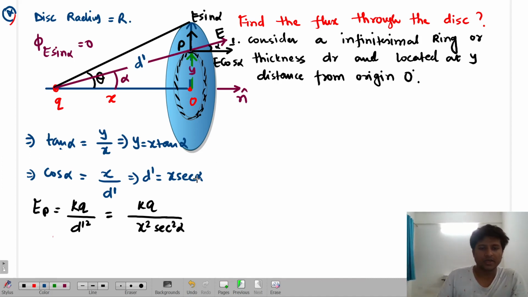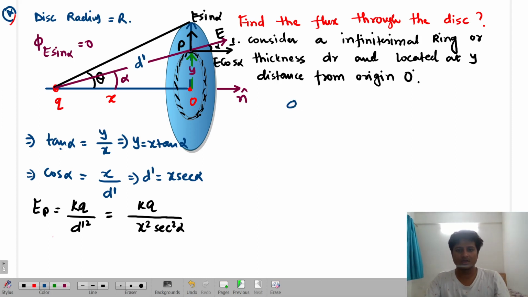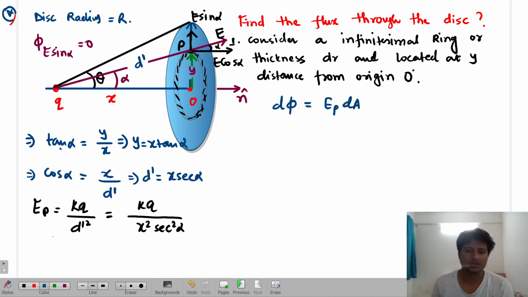So now I can define my small flux. Okay, what will be the area of this ring? See, flux is equal to what? A small flux d phi will be the electric field at that point into a small area. Correct. Now the area of the ring is normally pi r square, but I have to take an infinitesimal area.